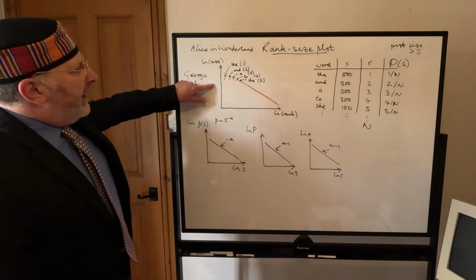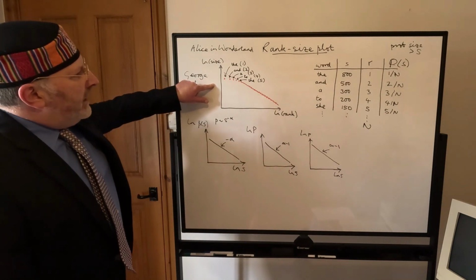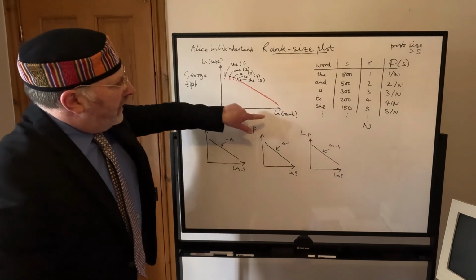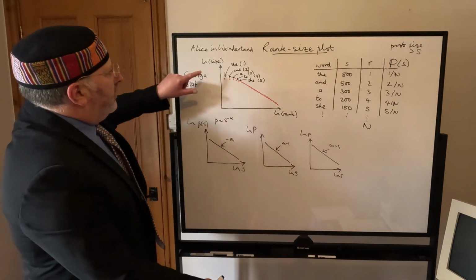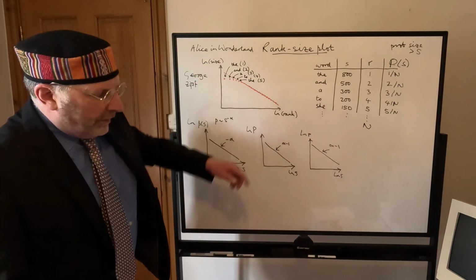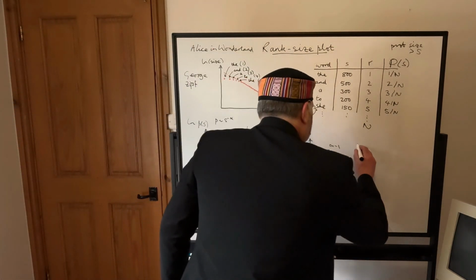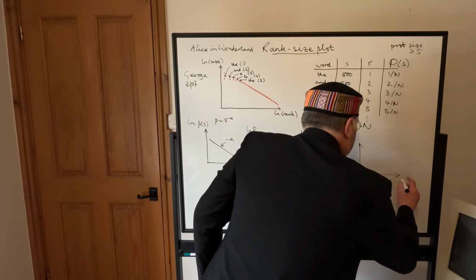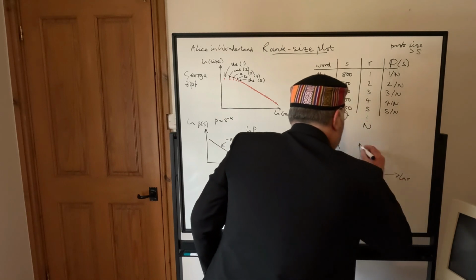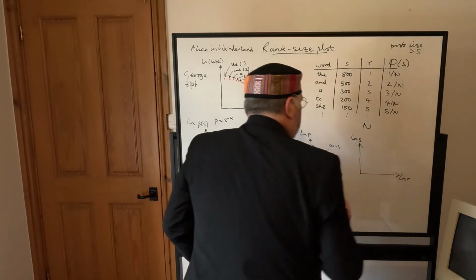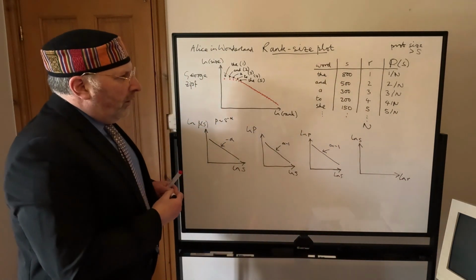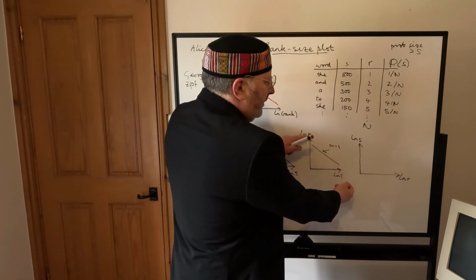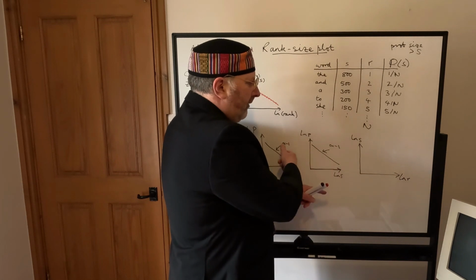Now, if we go back to what Zipf was doing, he was plotting not the log of the rank against the log of the size, but the log of the size against the log of the rank. So with the Zipf type rank size plot, we've got here log of R and here log of S. Well, if we have a straight line and we flip the axes, we still get a straight line.